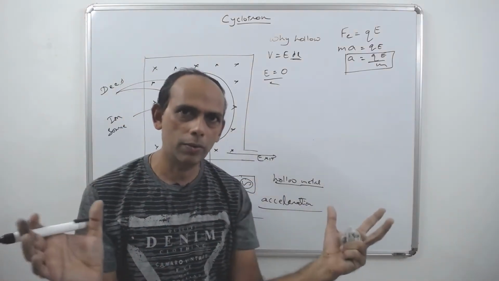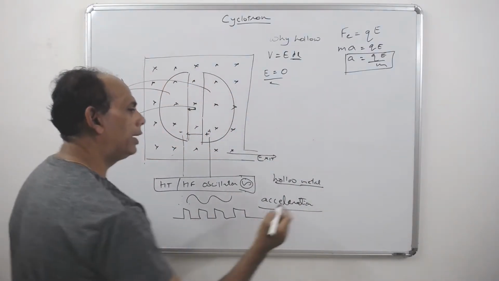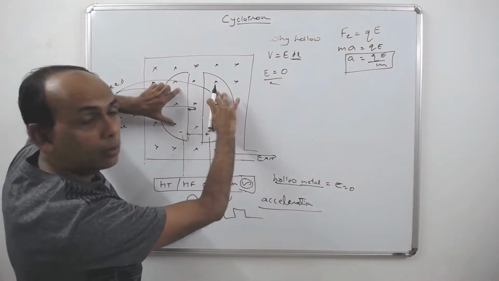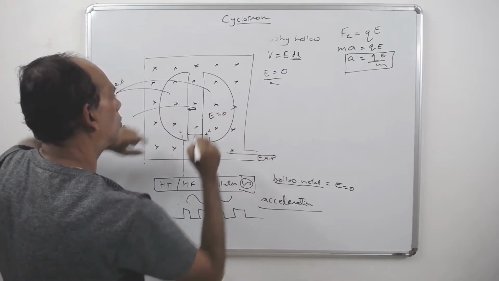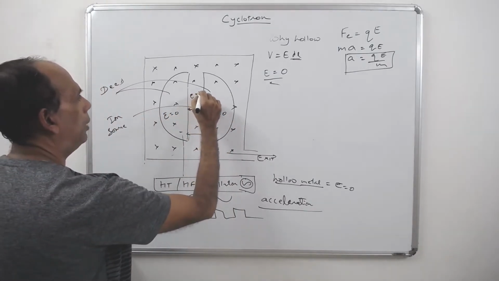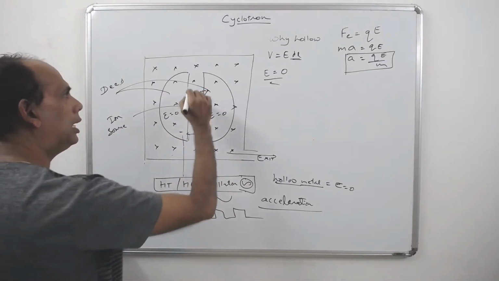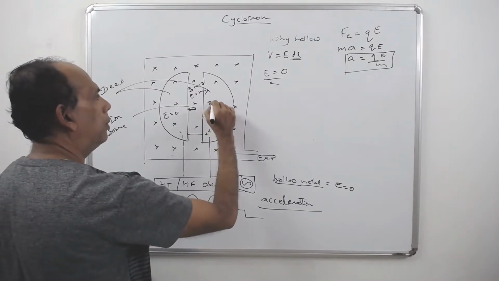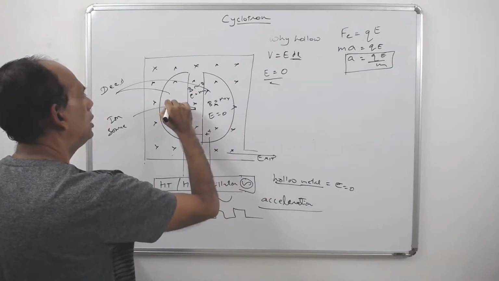They remain on the surface. So here we get E equal to 0. In this region, E is equal to 0, and here E is equal to max. But here B is almost equal to 0. Here B is max.